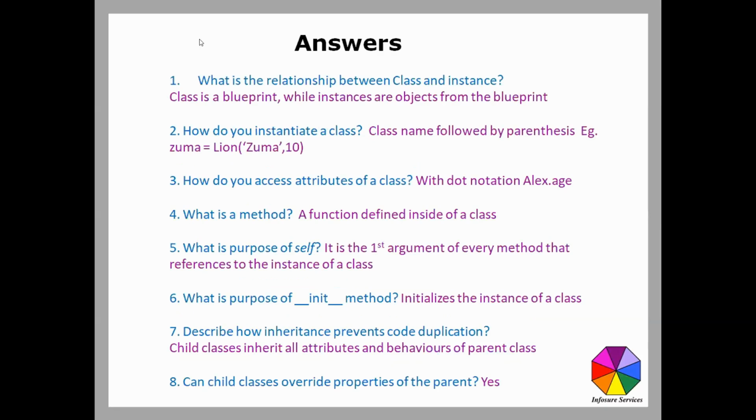So here, class name followed by parenthesis. We are passing the object data, and that is a handle to that class, and that specific data is assigned to this object. So that's the line of code to instantiate a class.